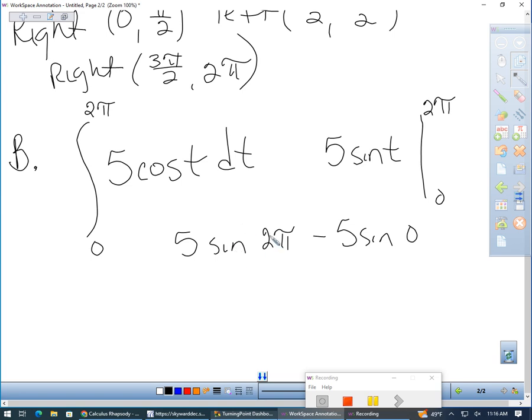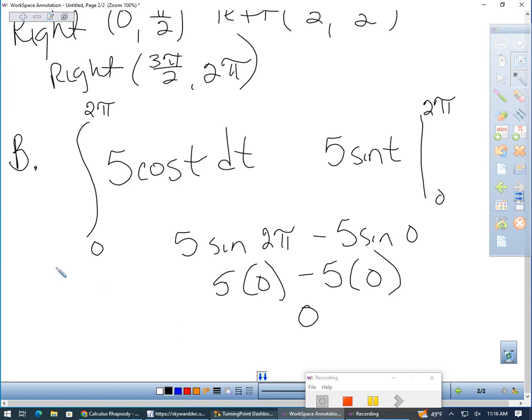Well, sine at 2 pi is what? Sine is your y value. It is 0. So this is 5 times 0 minus 5 times 0, because we came all the way back around, right? So really our displacement is 0 in this case. So for part B, we ended up back where we started.